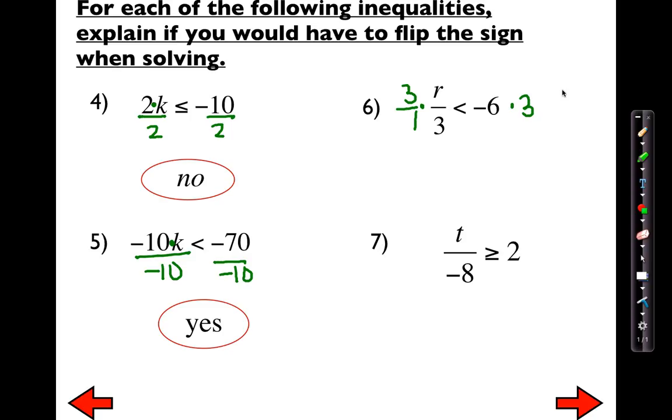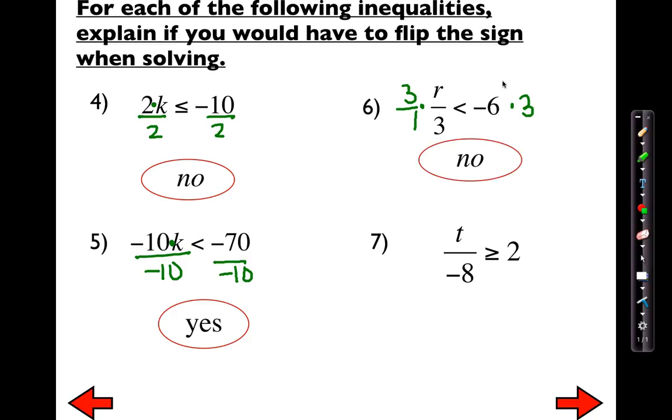The answer is no, because to both sides I multiplied a positive 3. It's not negative. So I'm not going to change it. So don't just think in your mind, oh, look, there's a negative 6, so it's probably going to change. The question is, are you multiplying or dividing both sides by a negative? So keep that in mind.